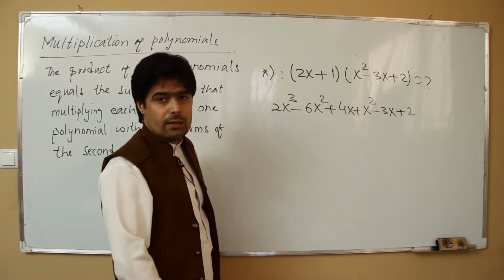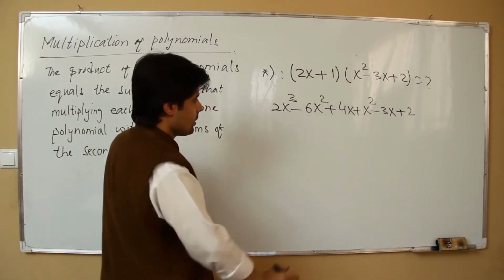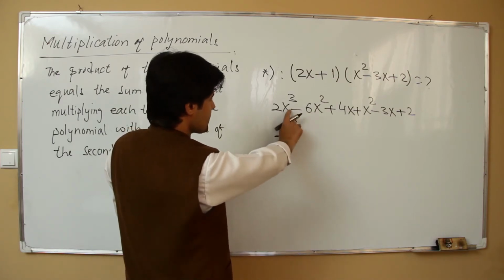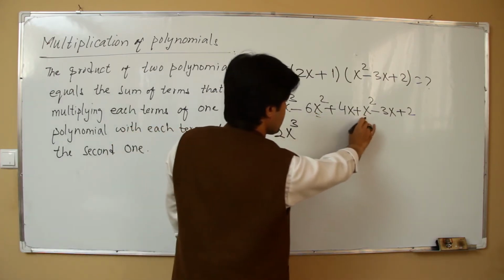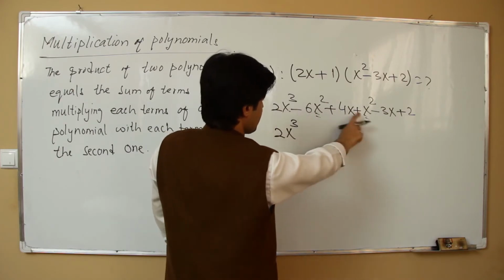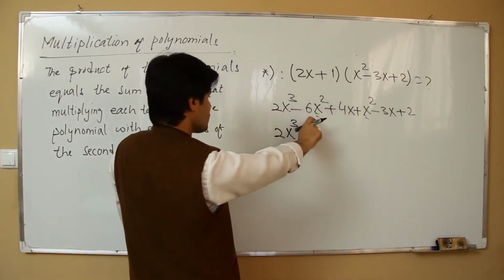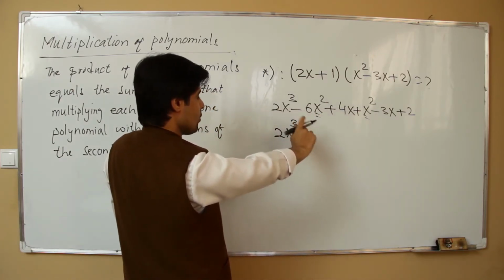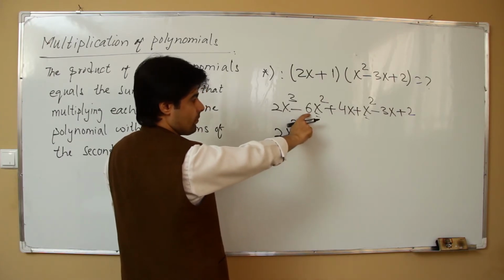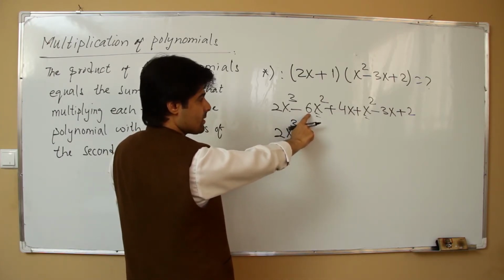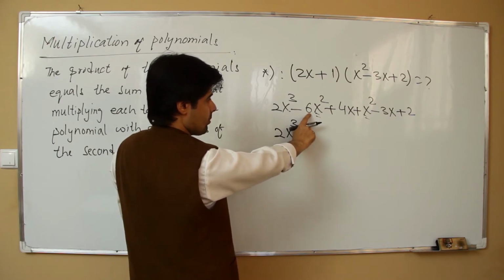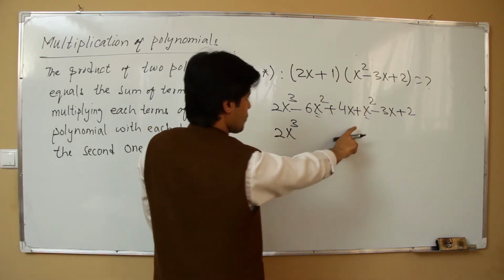If you can add this result with the same degrees, then you can. We don't have any other x cubed, but we have x squared and x squared. They have different signs. So try to select the sign which has the greatest coefficient. The greatest coefficient is 6 and this one is 1.